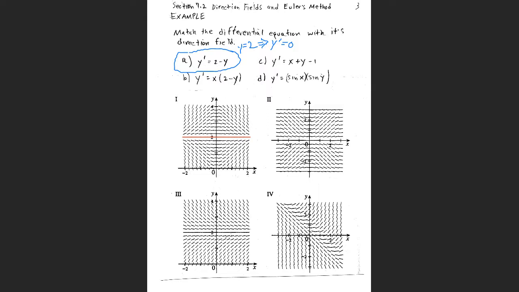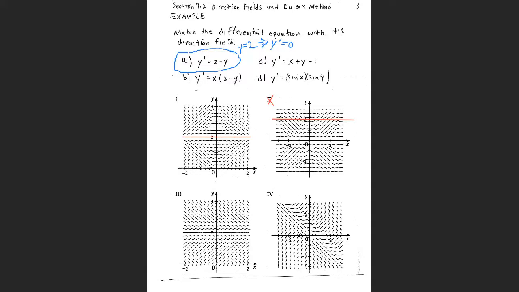Okay, well, let's go to the second, Roman numeral 2. I'm going to draw the line y equals 2. Nell, you're good with that, right? Are the slopes flat along that line? No. So that means 2 is not going to be a candidate for choice A.